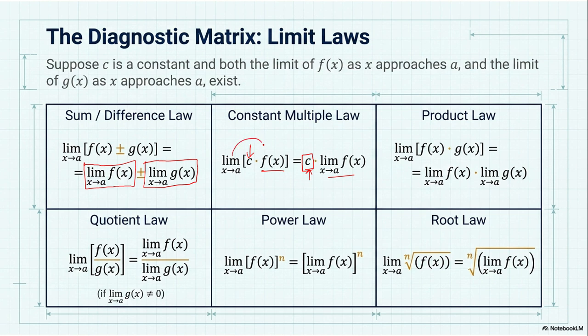Similarly, the product law: if we are given two functions as a product, we can rewrite this by taking the limit on both the functions. And the quotient law is similar.